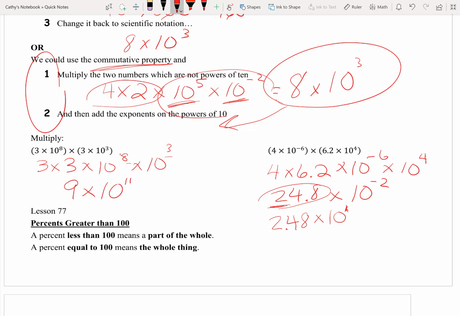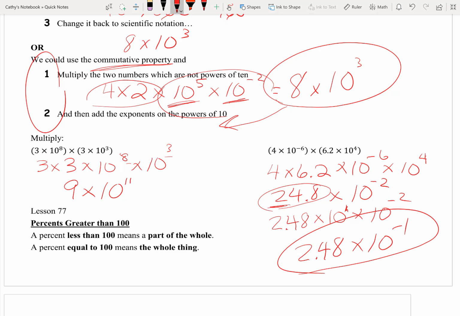So I just wrote 24.8 in scientific notation, and now there's also this 10 to the negative 2 over there. And now finally add the exponents on those 10s, and you're done. This would be the final answer for that, because you want to have only one digit to the left of the decimal when you write something in scientific notation.